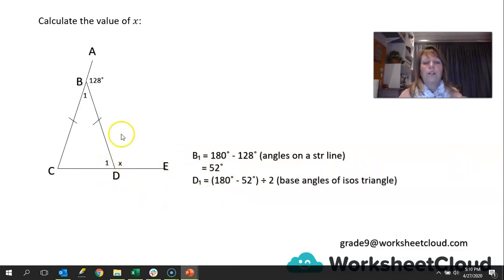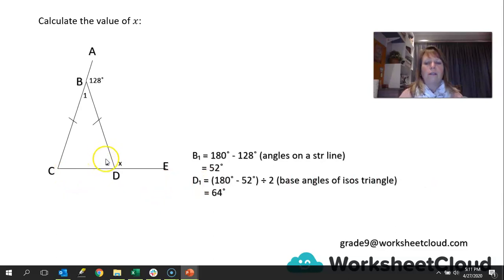D1 is going to be, remember, angles in a triangle, going to give me 180. We're going to minus the 52 of the one that we know, and what is left we are going to divide by 2 because those two angles are equal. So let's have a look. 180 minus 52 divided by 2 gives me 64.